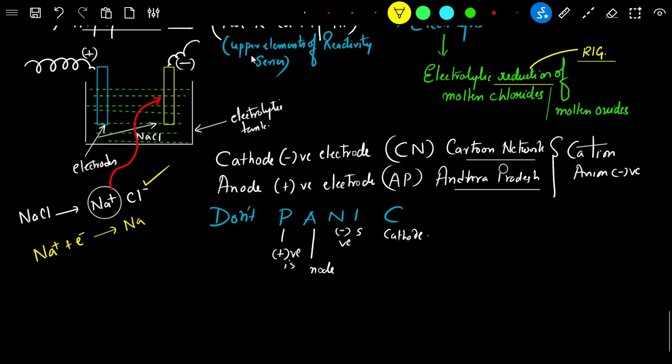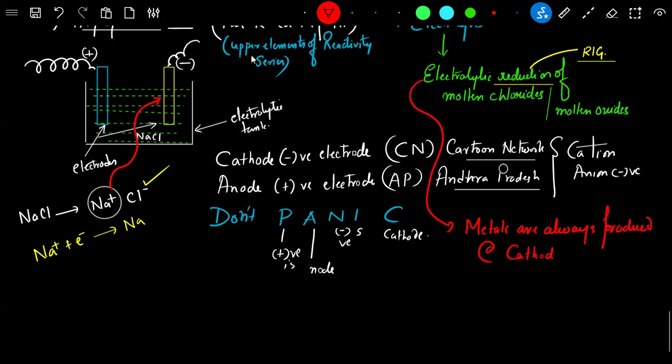So we always say that during electrolysis or the electrolytic reduction of molten salts, metals are always produced at cathode. So write this line down: during electrolytic reduction, metals are always produced at cathode. Cathode means Cartoon Network, negative. To remember this, remember that your metal is always metal plus, so the metal plus will be pulled toward the negative. Are we fine?